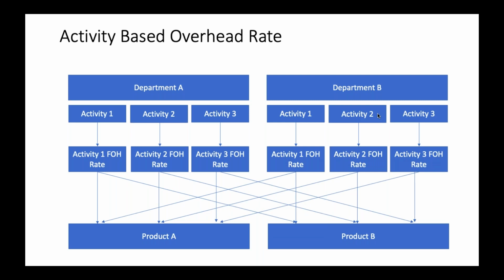Okay, so the main point here is instead of using a single base for computing the factory overhead in the plant-wide, we will be using activities as the base, also as compared to departments.